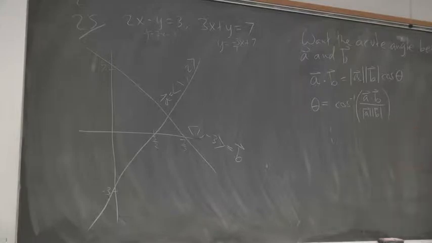Would you ever even need to worry about reference angles here? Could this ever give you a negative answer? I don't think so, because you're working in absolute numbers. Well, A dot B is not absolute. A dot B could be negative. That's true.